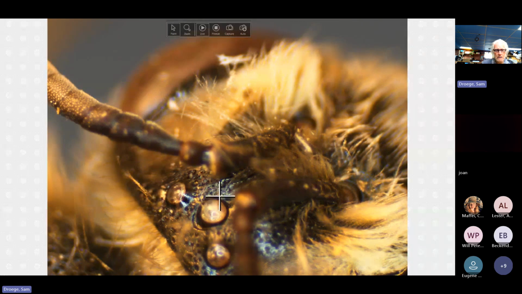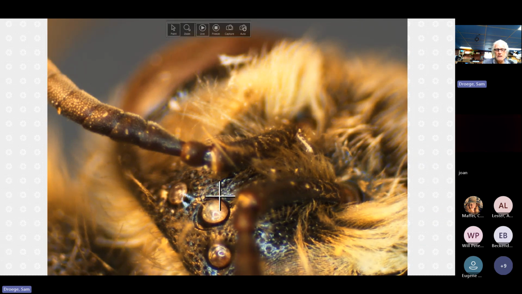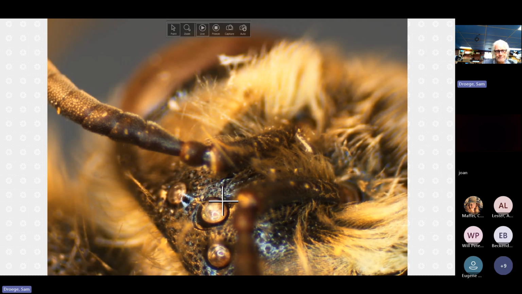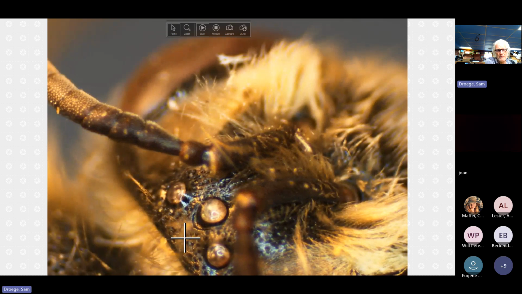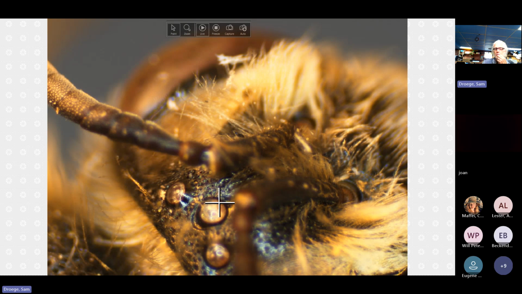So here you can see a bit into that interior space where there's a lot of pits, there's some surface sculpturing going on. It's really not just highly reflective. A lot of this stuff on the back of the head too is pretty much the same. And we'll look at more, but this area in particular is where we're looking, below the central ocelli and above the antennal segments.